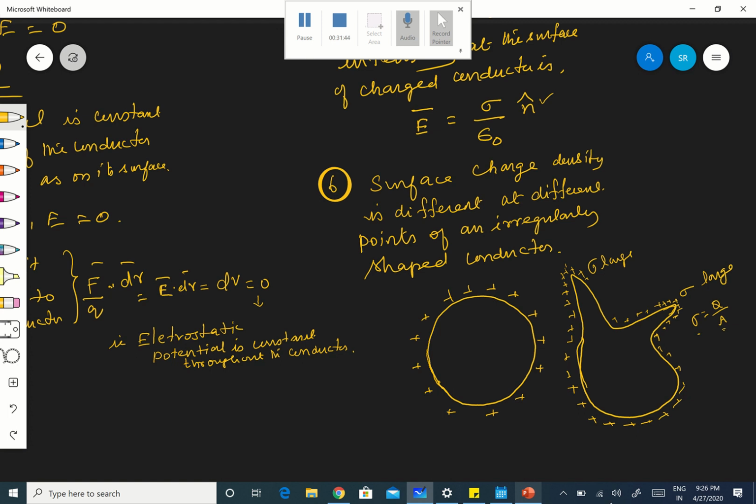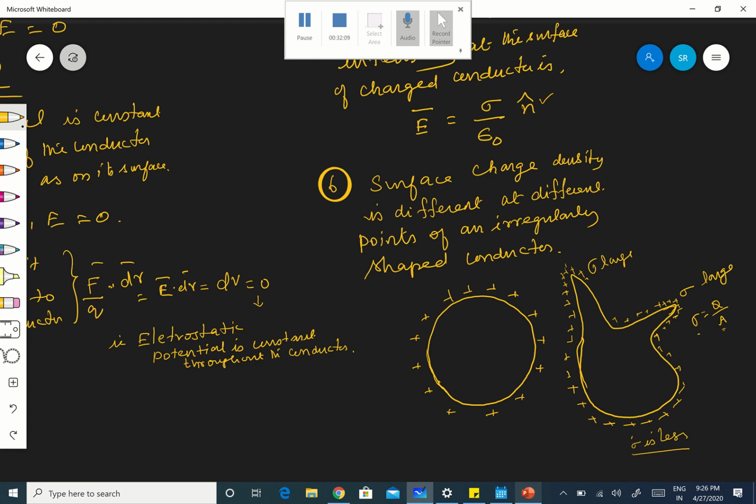But here R is large, therefore sigma is less. Comparatively, at tips the sigma will be large, and if it is a blunt end like that, a blunt surface like this, then the charges will get distributed like this, therefore sigma will be less at these points.